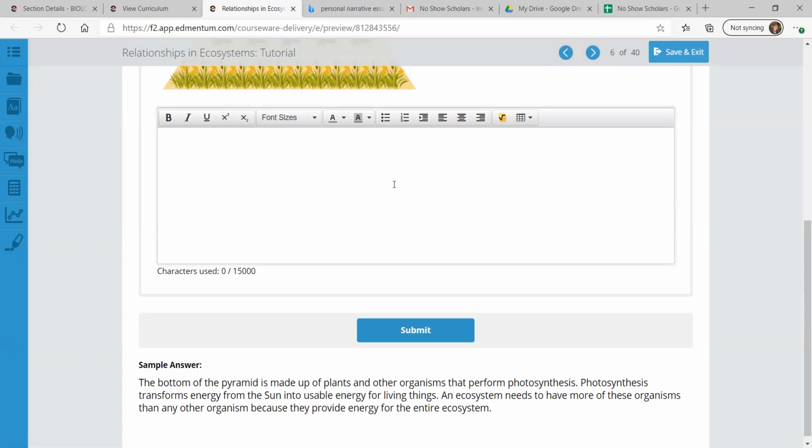And that photosynthesis transforms energy from the sun into energy that can be used by all living things. An ecosystem needs to have more of these organisms than any of the other organisms because these guys provide energy for the rest of them.